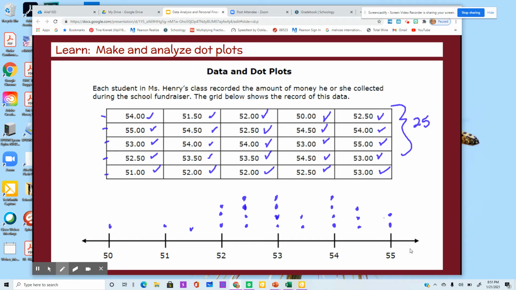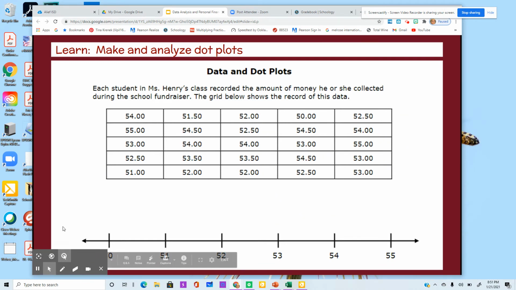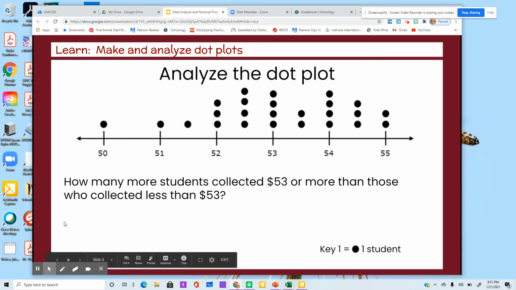Now we can use this information and analyze any questions that needed to be asked of us. Okay, so looking at the dot plot, how many more students collected $53 or more than those who collected less than 53? Okay, so looking at what $53 or more is.